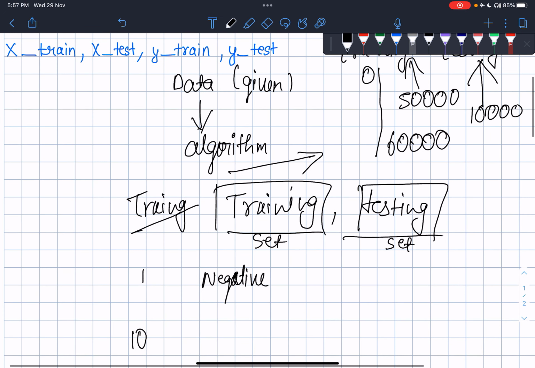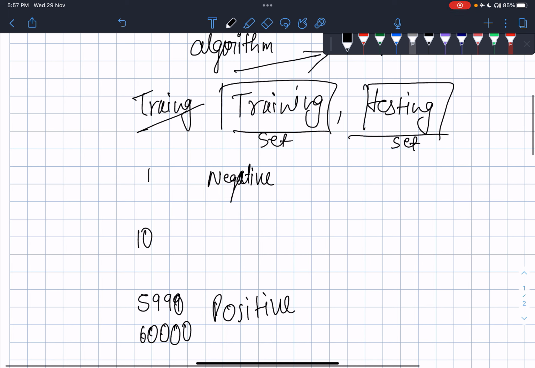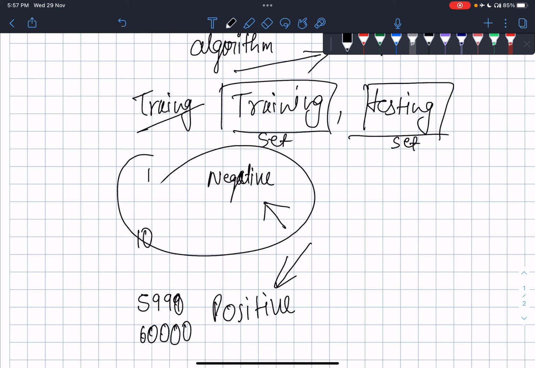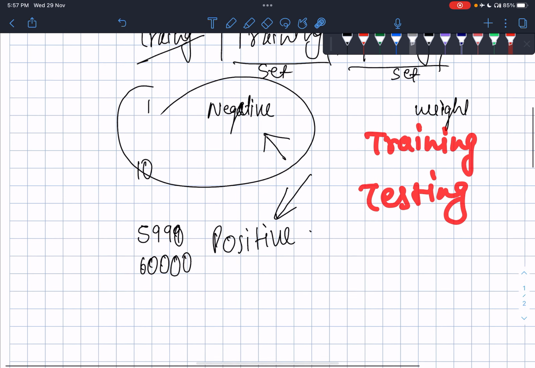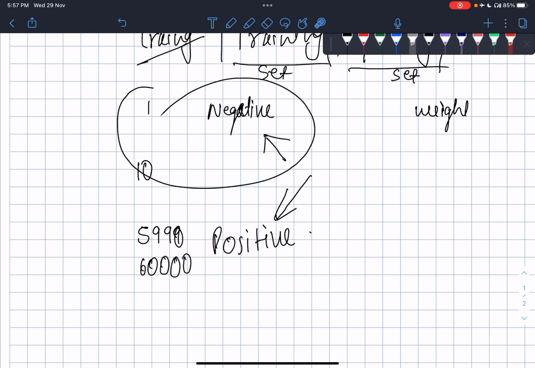We can't divide the data like this, where we have the negative things first and the positive things at the end, or the smaller numbers at the start and the large numbers at the end. Then our model will be biased toward the testing set, because we have more weightage in the testing and low weight in the training. Are you getting what I'm trying to say? In the testing set we have an enormous amount of weight.